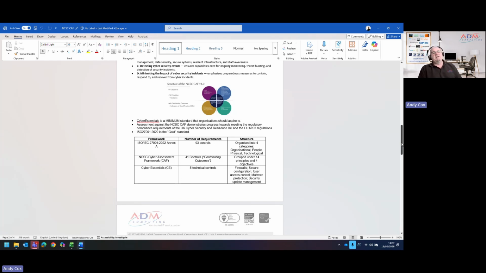What I consider the top of the tree is ISO 27001 information security. You can see that compared to 5 controls to be audited on for Cyber Essentials, there are 93 controls for ISO 27001 in 4 categories: organizational, people, physical, and technological.